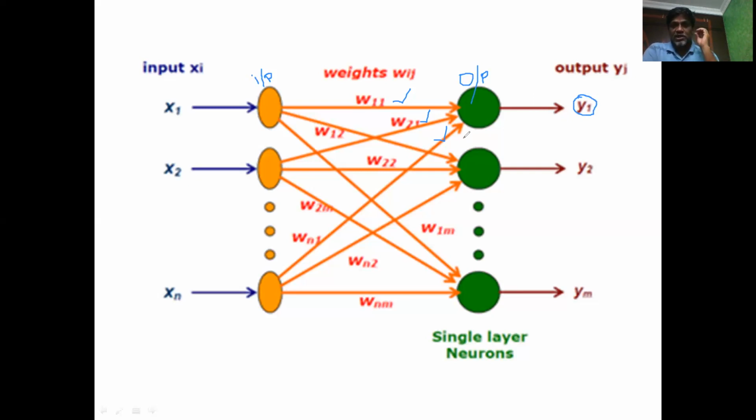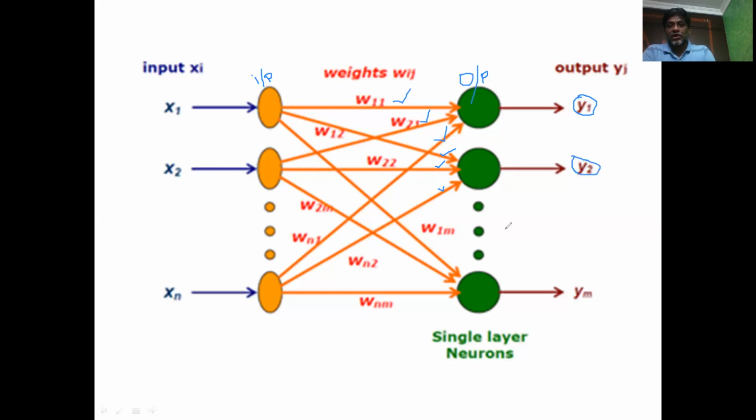Similarly, how do you calculate the sum of this neuron? Because it is connected like this, the arrow is showing w12, therefore x1 into w12 plus this arrow is x2 into w22 plus so on, xn into wn2. These products are summed up to get the output of this neuron, which is forwarded to the activation function to get the final output.